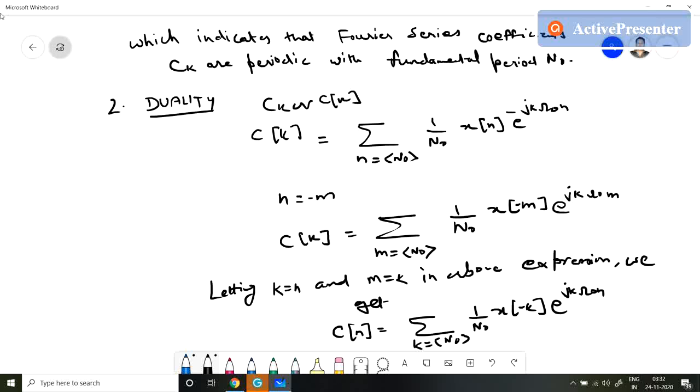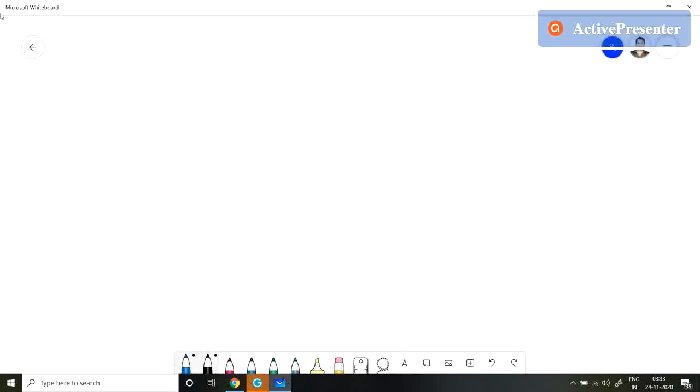Now if we compare this equation with the standard Fourier series expression, we will get that 1 divided by N naught x of minus k are the Fourier coefficients of Cn.